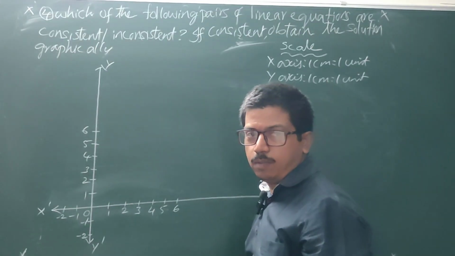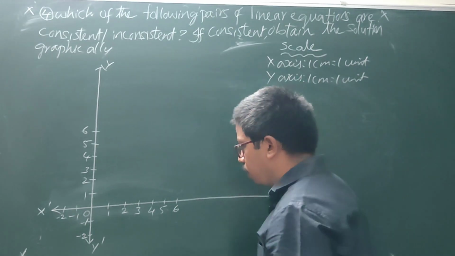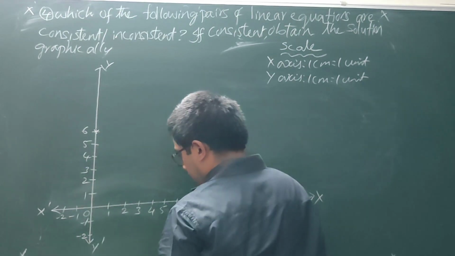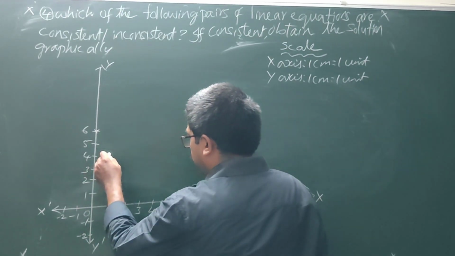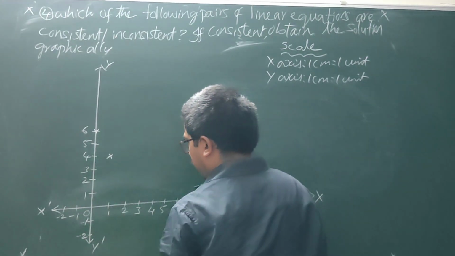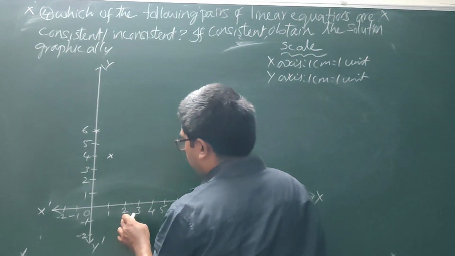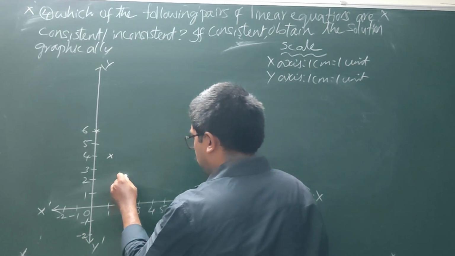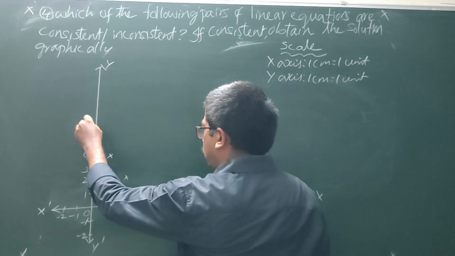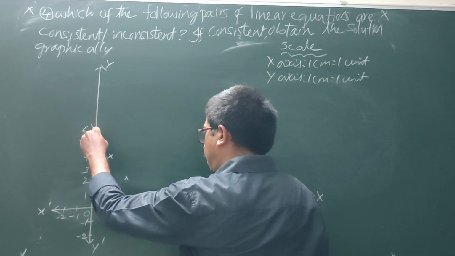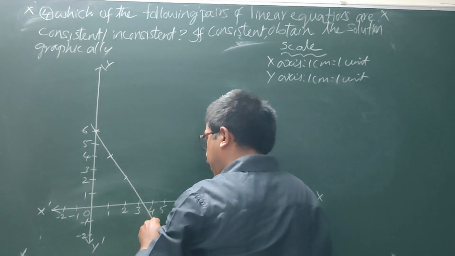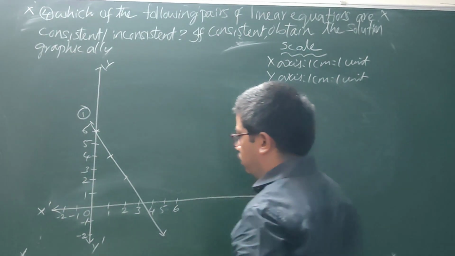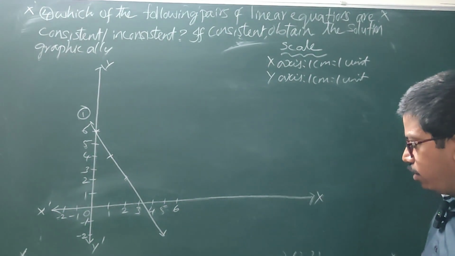Equation 1, let us plot the points on graph first. For 0 we got 6, for 1 we got 4, for 2 we got 2. So if we join the points, it looks like this, and this is equation 1 or line 1.